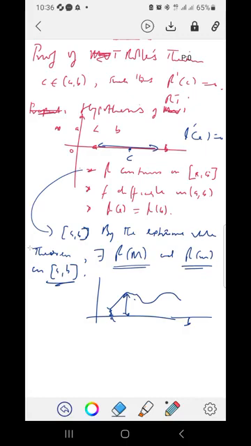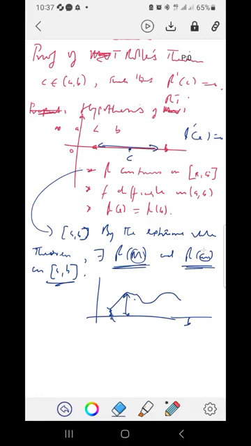Now because we have the highest point and the lowest point, and we are calling the highest value f(M) and the lowest value f(m), it means point M on the x-axis has the highest value and point little m on the x-axis has the lowest value.